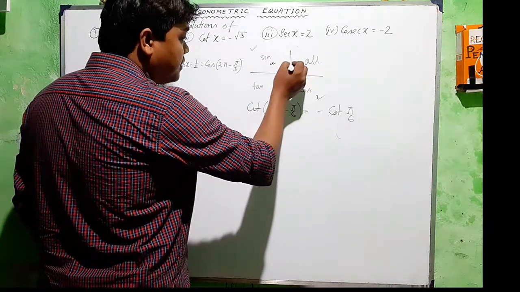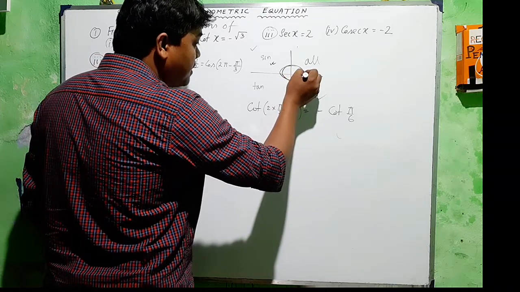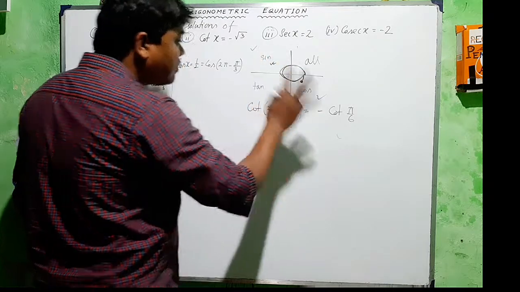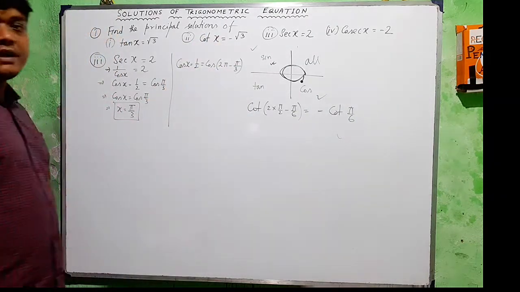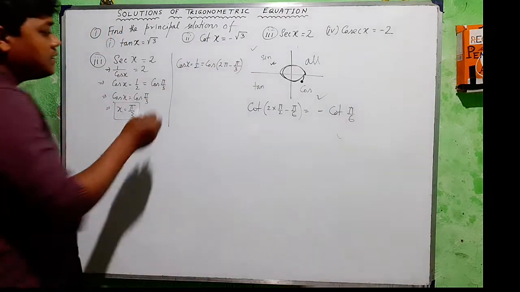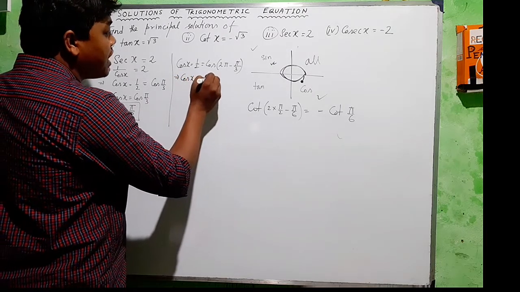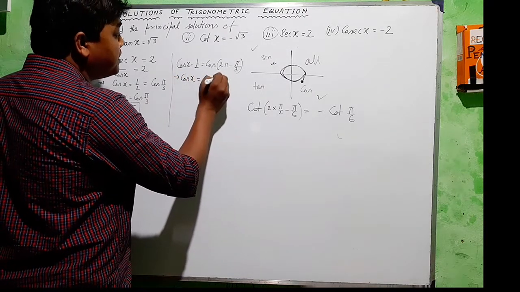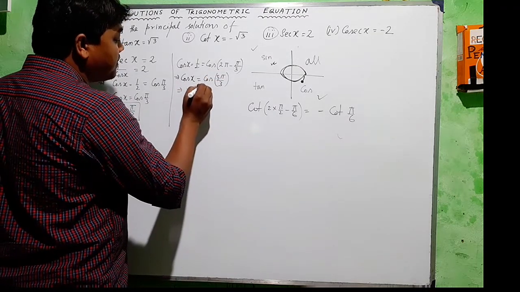So pi by 2, pi, 3 pi by 2, 2 pi minus pi by 3. So this is clear to you. Then cosine x equals cosine 5 pi by 3, then that gives x equals 5 pi by 3.